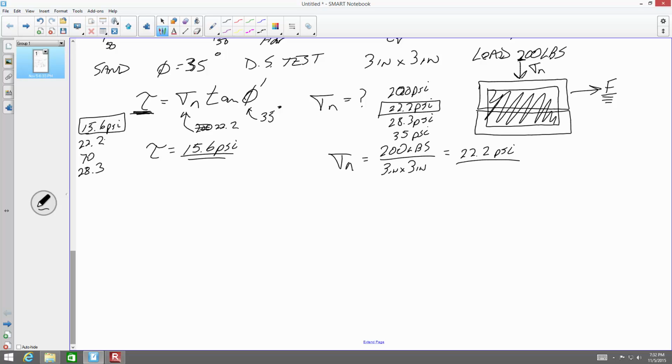So this box has got a 3x3 area on it, 3 inches by 3 inches. And we pulled it this way by some force. We got that normal force going into the screen.